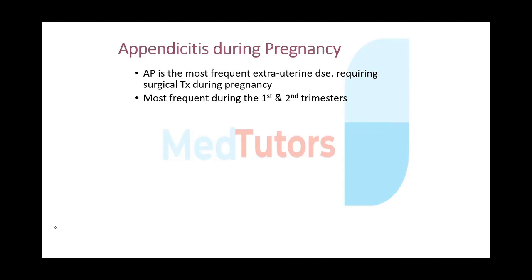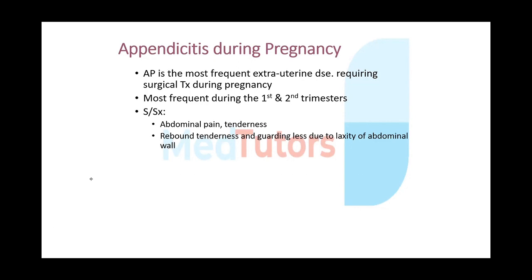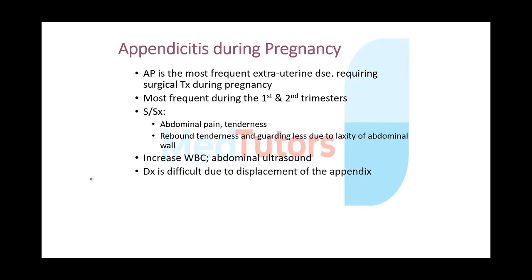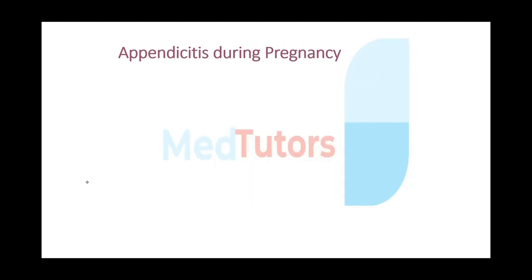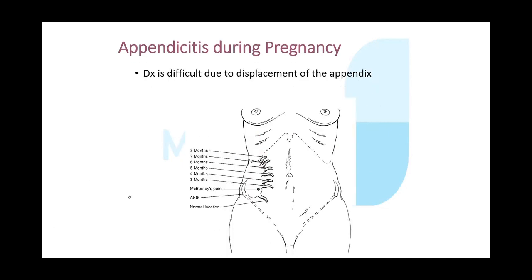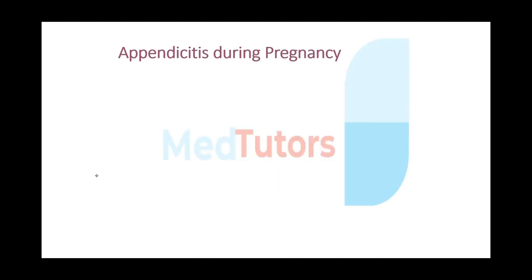Sometimes, with growth of the uterus, you know, there is displacement of the abdominal viscera upward, and usually they present as acute appendicitis in pregnancy, and the treatment is surgical, and most frequently it is during the first and second trimester. So this image shows the various positions of the appendix during pregnancy.